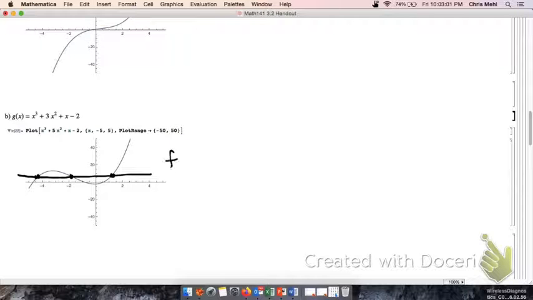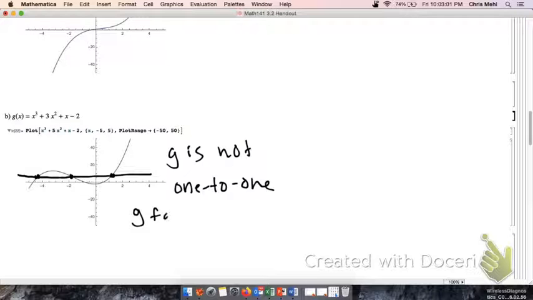So I would say, sorry, not f, I would say g is not 1 to 1. g fails the horizontal line test, so it is not a 1 to 1 function.